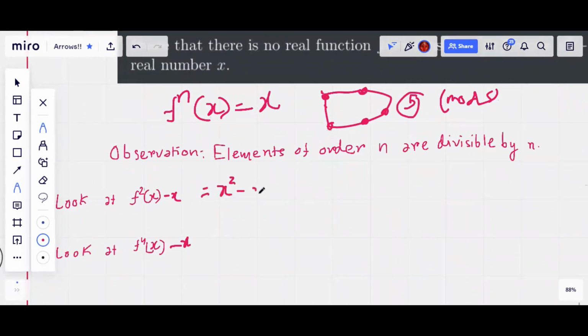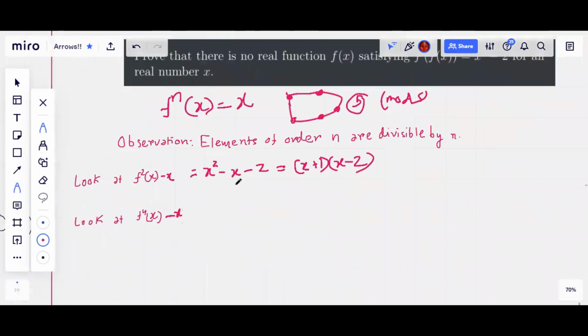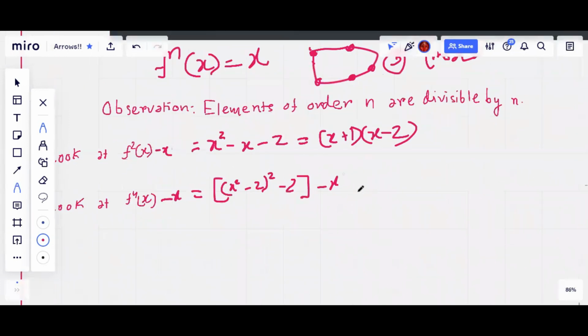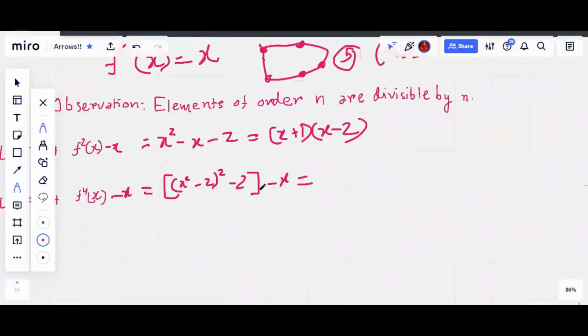So this is this. And this is (x square minus 2) whole square minus 2 minus x. Which, if you factorize a little bit, which is not hard at all, you get this.